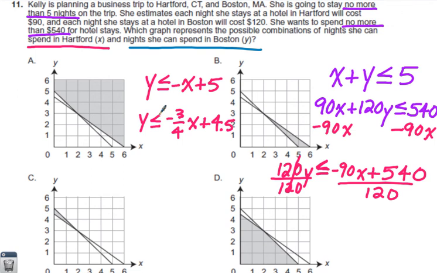And the final shading for the system would be where you shaded double. So which graph represents both of the shadings? It's going to be D. Because that section represents shading below both of the lines. All right?